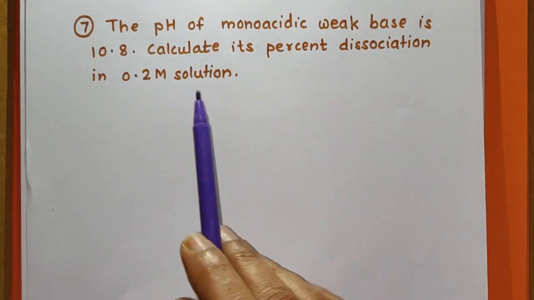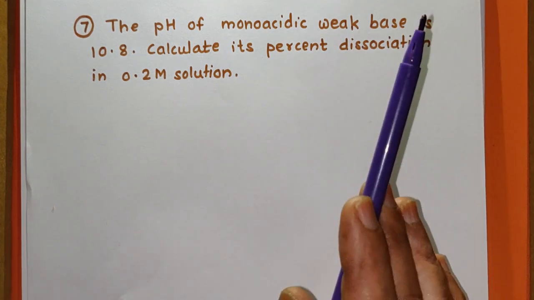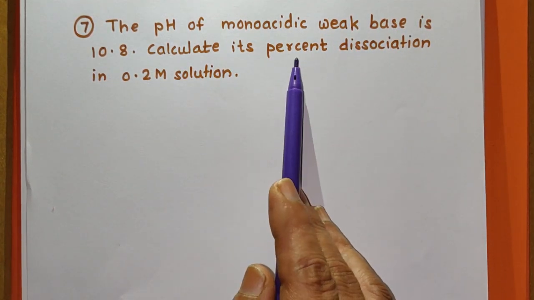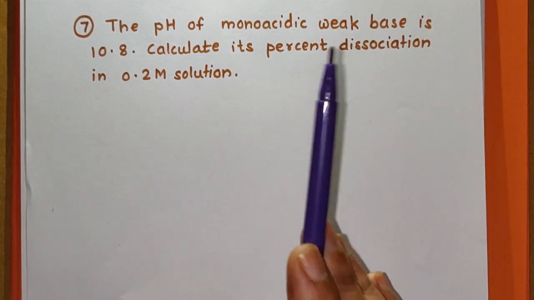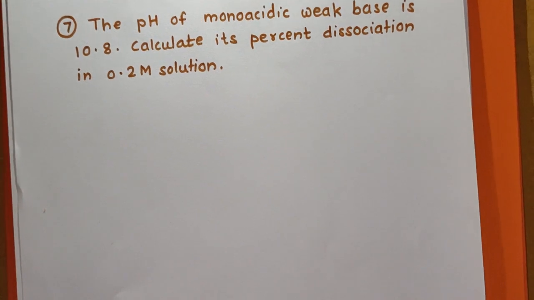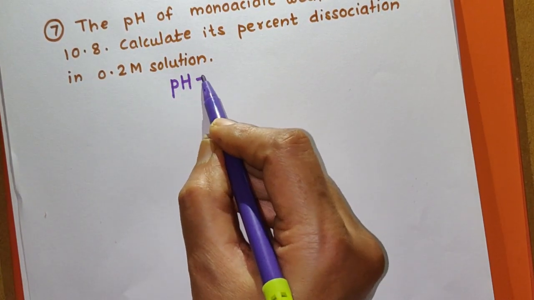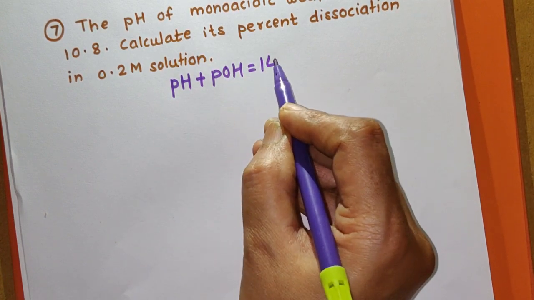Here pH is given, but remember that this solution is of base. So when base is given, you know that for calculation of alpha, you have to calculate concentration of OH minus ions. So here first we have to calculate pOH of the solution by using the formula pH plus pOH is equal to 14.